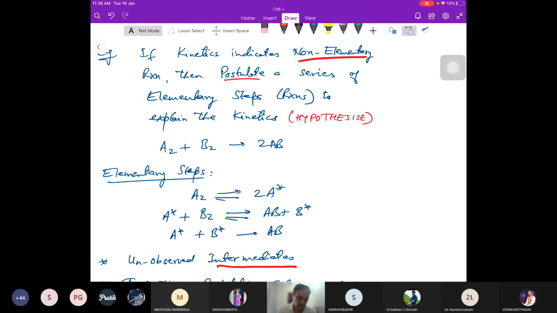and then what we do is, because these are elementary steps, we can write the rate equation for elementary steps directly and see what is the overall rate equation. And if it matches with the experimental data, then our hypothesis is correct. If not, then we have to propose another hypothesis and again check whether we get the experimental rate equation.